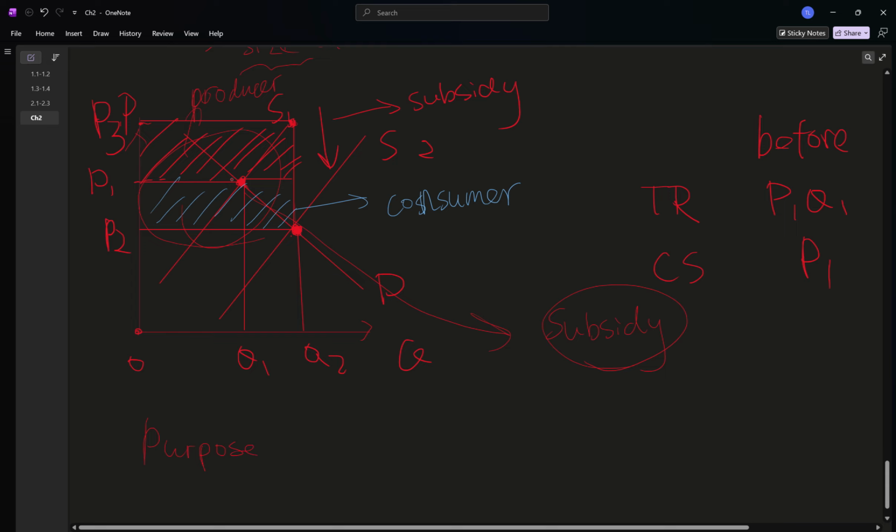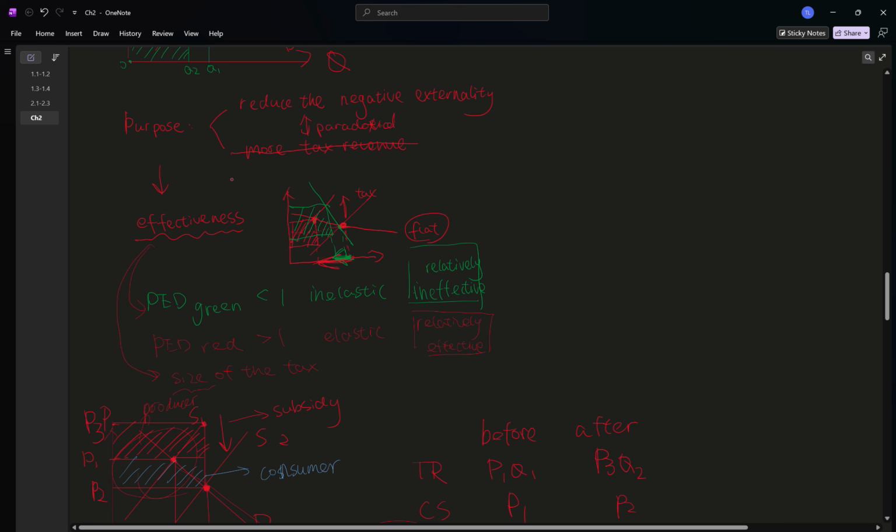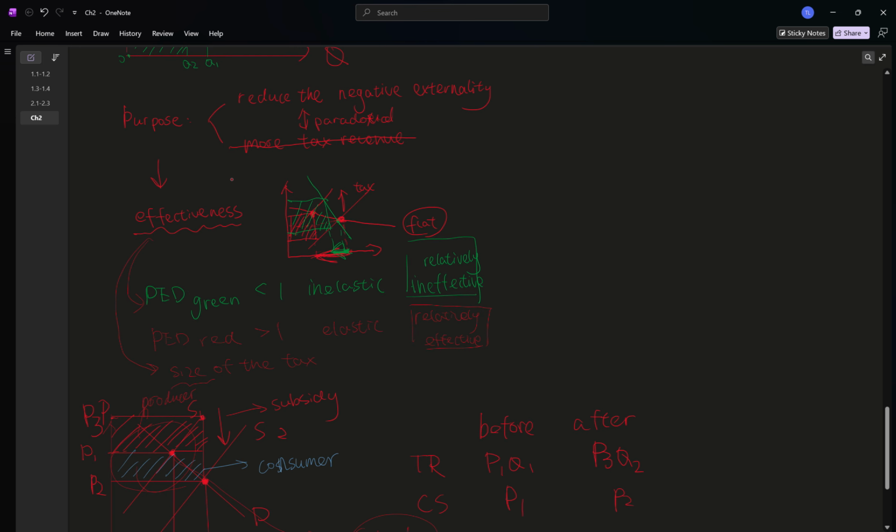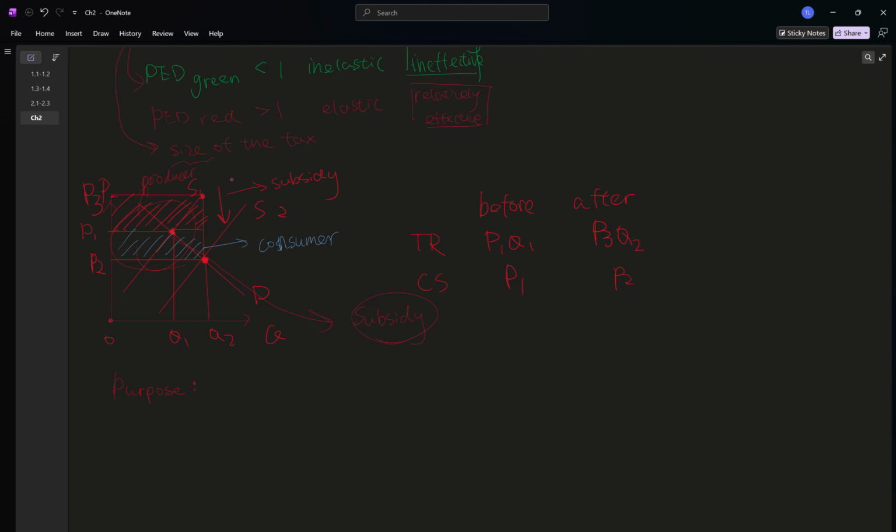What's the purpose of this kind of subsidy? When we're talking about an indirect tax, the purpose is to reduce the negative externality.